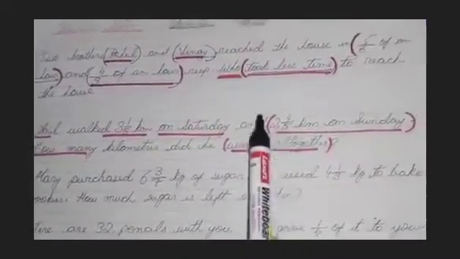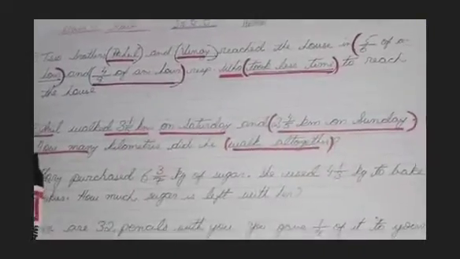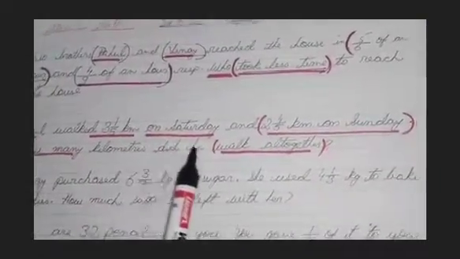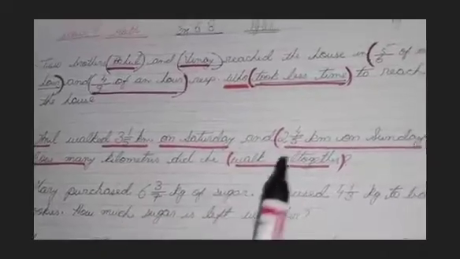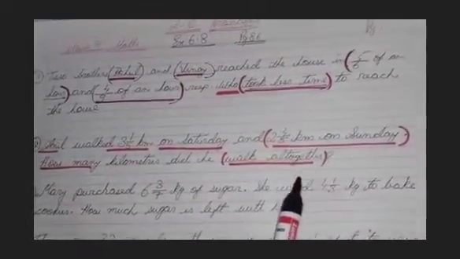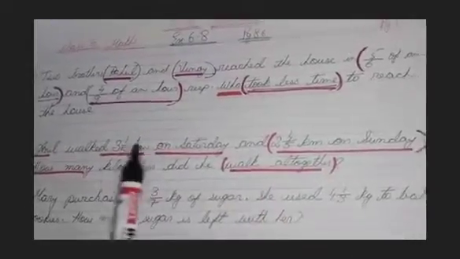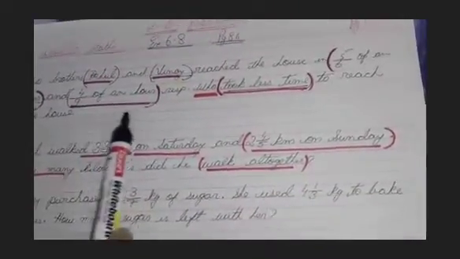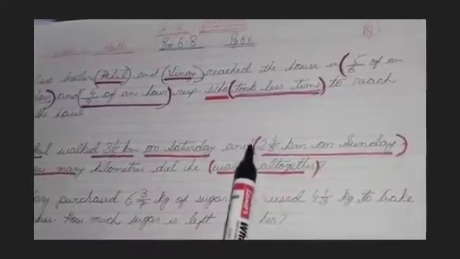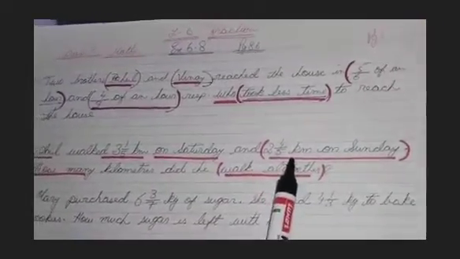So this many kilometers he walks on Sunday. How many kilometers did he walk altogether? When the word altogether comes, we understand that we have to add. That means we will add the distance he covered on Saturday and the distance he covered on Sunday. Now let us proceed towards the board.